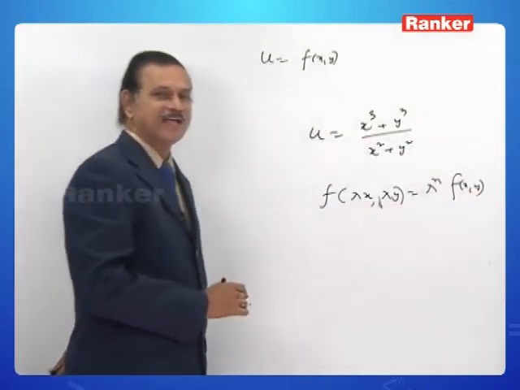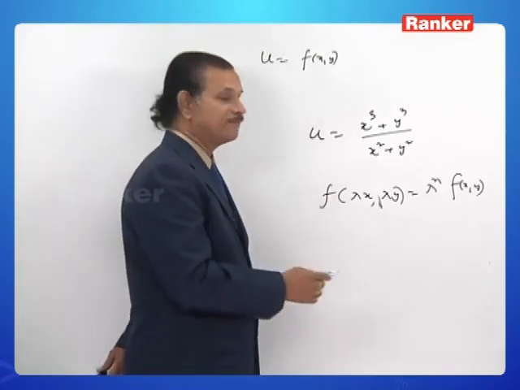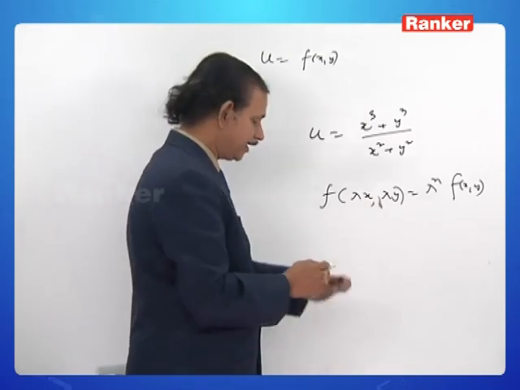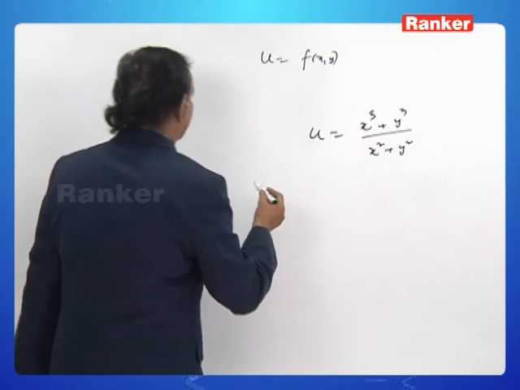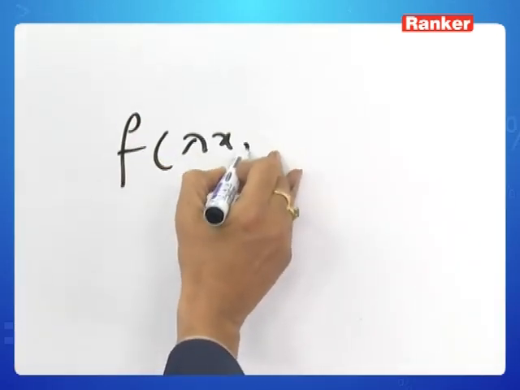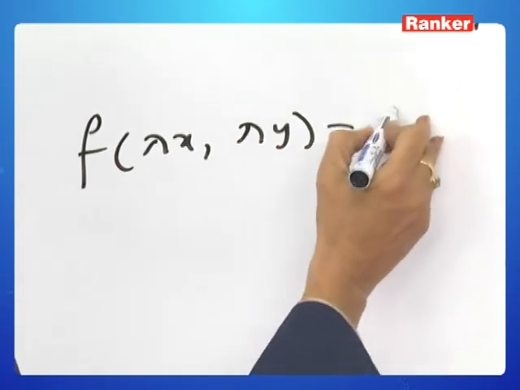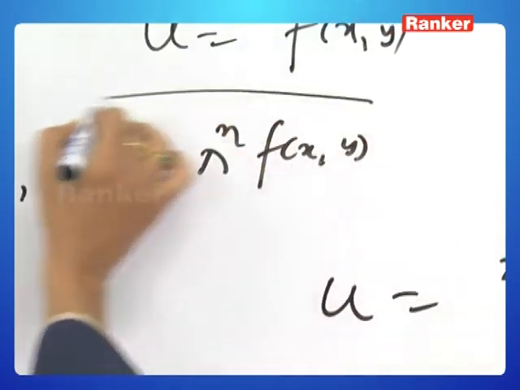If you are able to write a function like this, then it is a homogeneous function of degree n, we say. Degree n, we say. Let me be very clear. What do you mean by homogeneous function? f of lambda x comma lambda y is equal to lambda power n into f of xy.